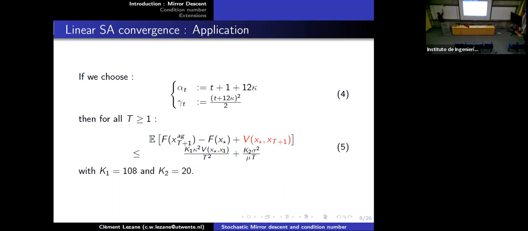If you use the other lemma, you're going to have something like k1, or let's forget about the absolute constant for now, and then we're going to have kappa, n plus 1, and then plus 2k2 minus 3 divided by t.